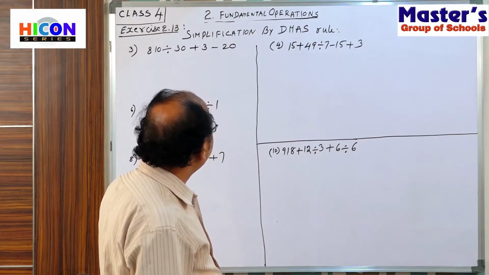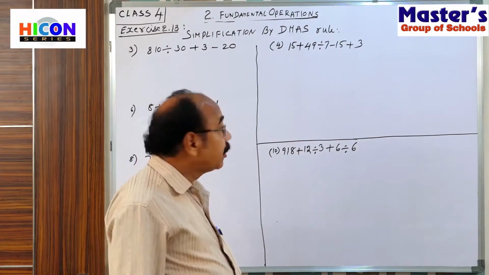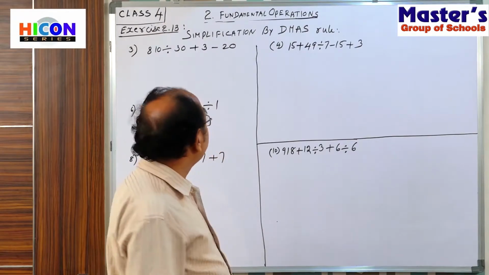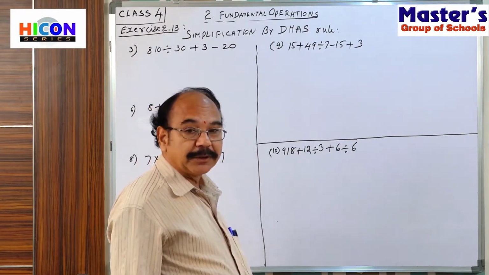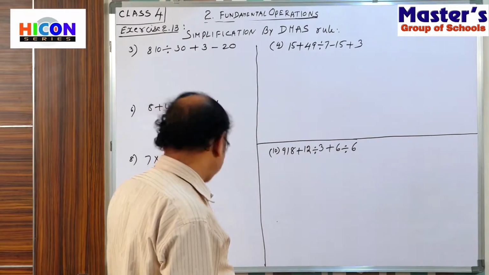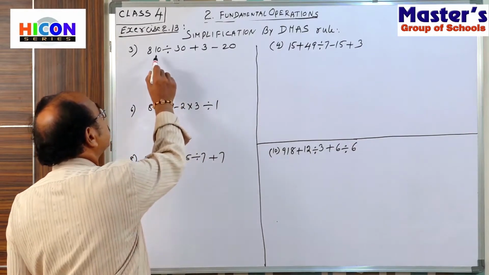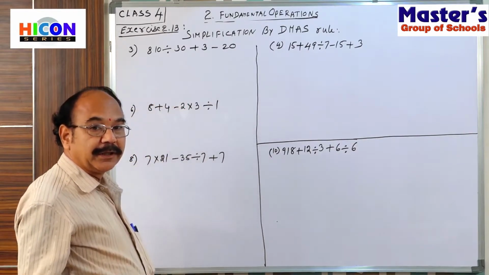First of all, go to D first. D for division. So in step 1, we go for the division operation. In the problem, see where the division is. Here it is 810 divided by 30.